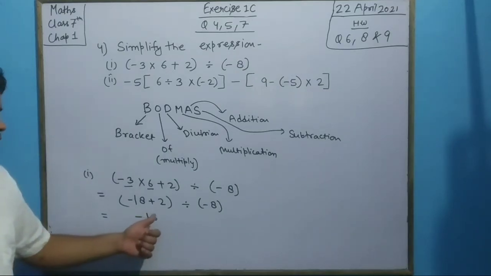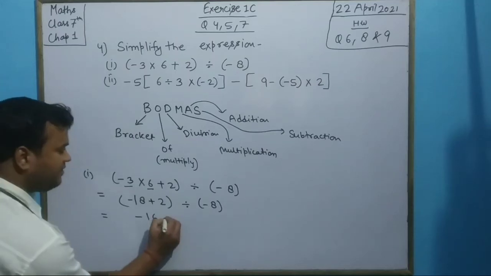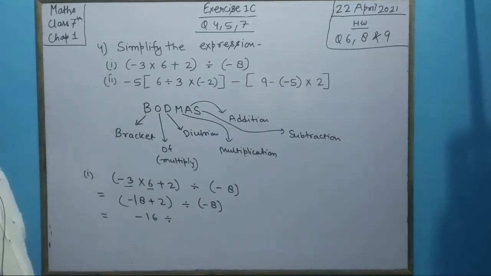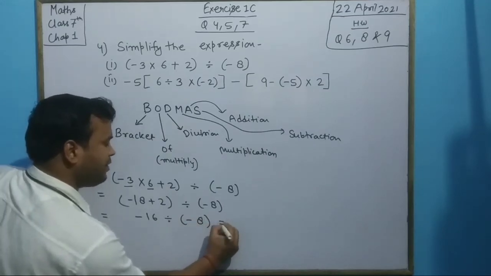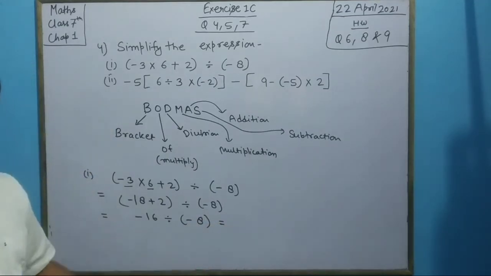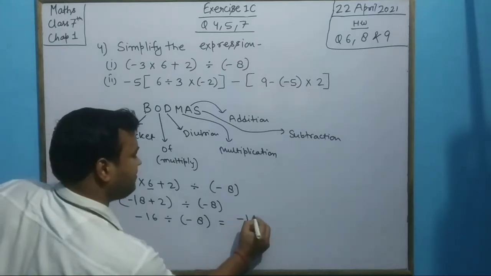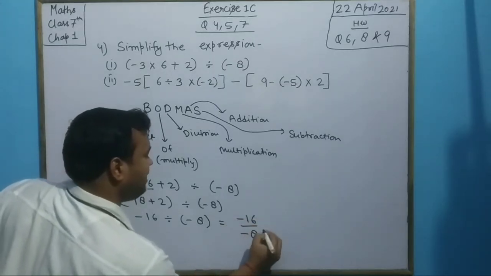There is also a division sign, division by minus 8. Now only division is left, so minus 16 divided by minus 8.